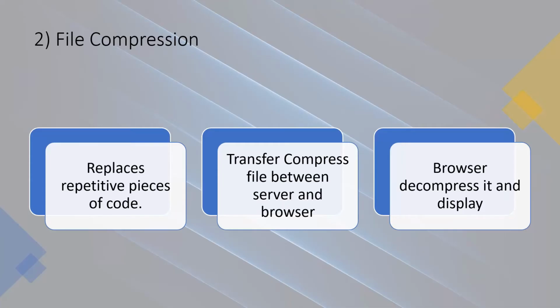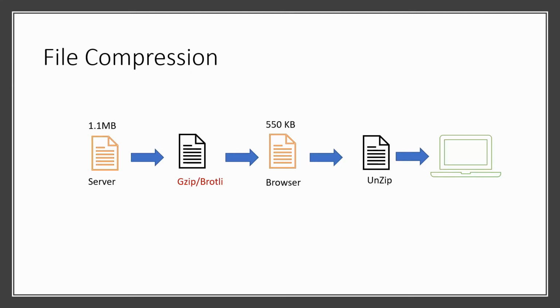The second thing we need to do to reduce the page size is file compression. File compression reduces the size of the page by replacing repetitive pieces of code, and it occurs between the server and the browser. For example, from the server side, a 1.1 MB file is compressed and sent to the browser as 550 KB.